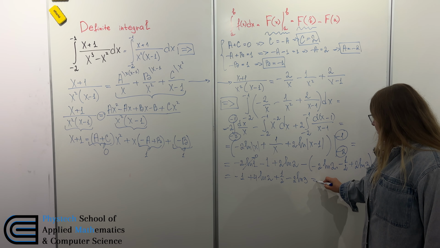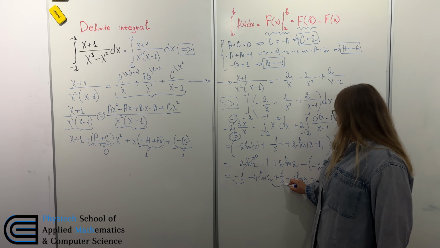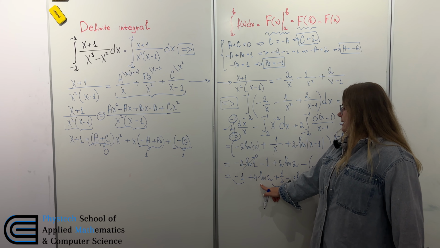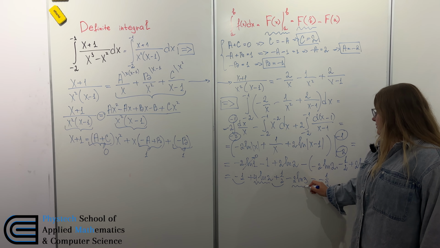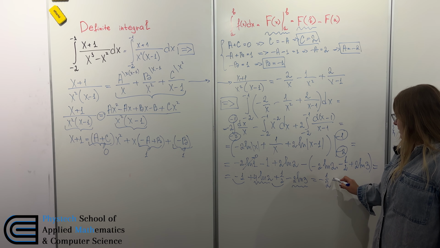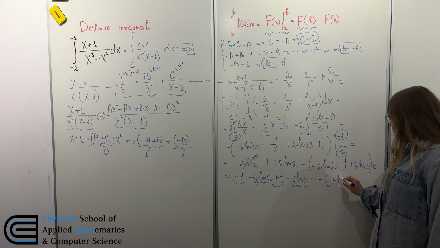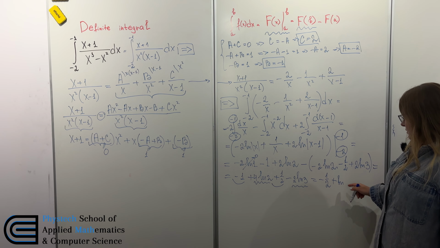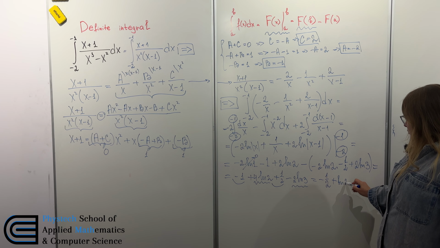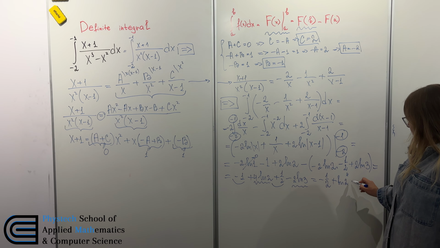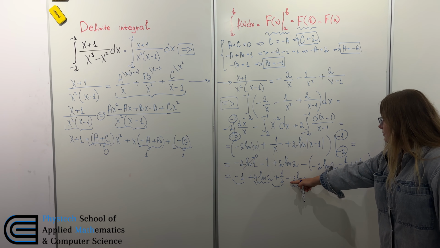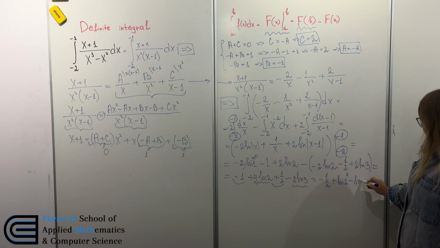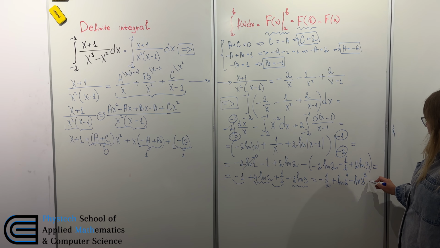Okay. Let's see, -1 plus 1 divided by 2 gives us -1 divided by 2. And we can rewrite these logarithms like this, using properties of logarithms: plus logarithm of 2 to the power of 4 minus logarithm of 3 to the power of 2.